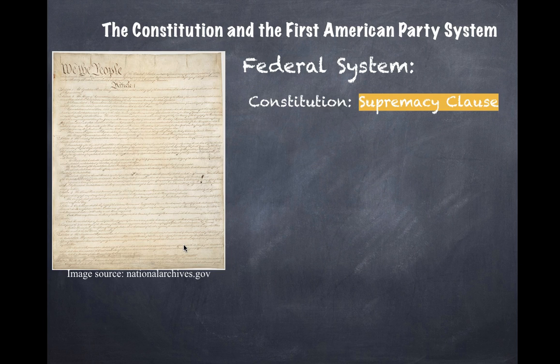So in essence, what that means is the Supremacy Clause states that the national government is superior to the state governments. In other words, state governments cannot pass laws, they cannot enact policies that violate the laws of the national government or violate the Constitution.